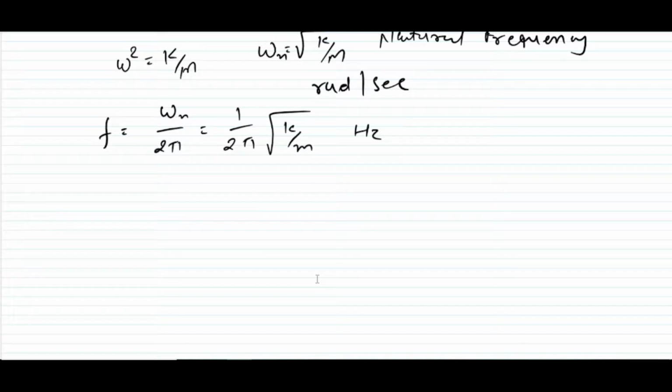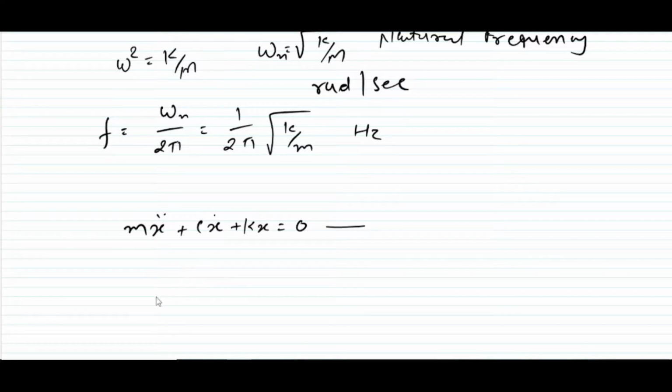If you want to derive the equation of motion for a damped free vibration system, it's the same procedure, but the equation of motion will be m x double dot plus c x dot plus kx equal to 0. This is the equation of motion for the damped free vibration system, a single degree of freedom system.